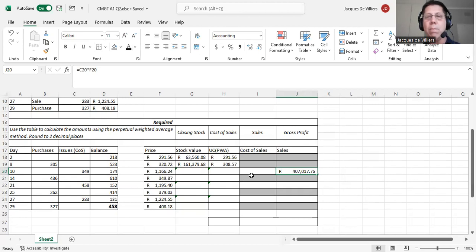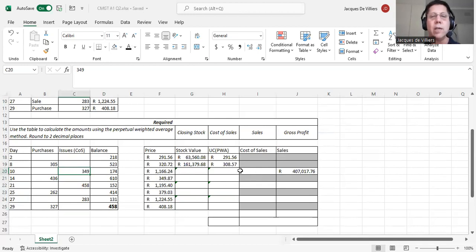Now we say, okay, but every time we make a sale, there's also a cost of sale. So what is our cost of sales? Well, it's easy. We take the number of units that we are selling, and we multiply it with the current value of our units. Currently we value our units at 308, and we are selling 349.